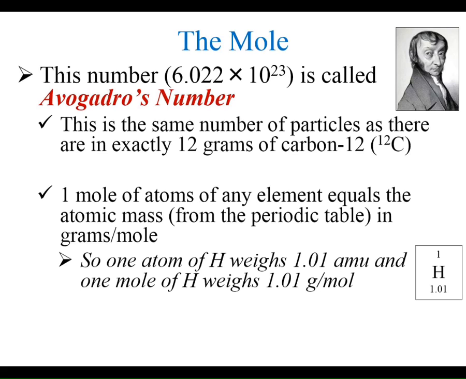How about sodium? What's the mass of sodium on your table? 22.99. A single sodium atom weighs 22.99 AMU, but a mole of sodium atoms, or 6.022 times 10 to the 23rd sodium atoms, weighs 22.99 grams. Are you with me? It's very handy. It works for the submicroscopic scale as well as the real-world macroscopic scale.